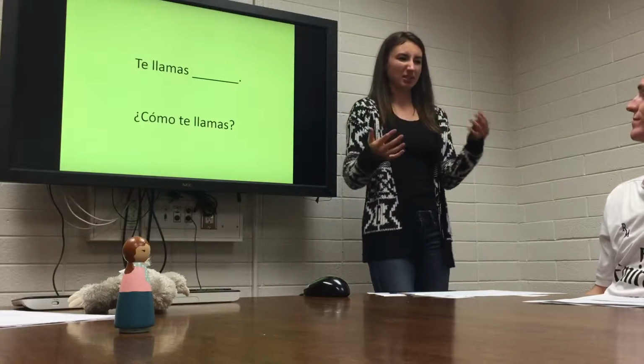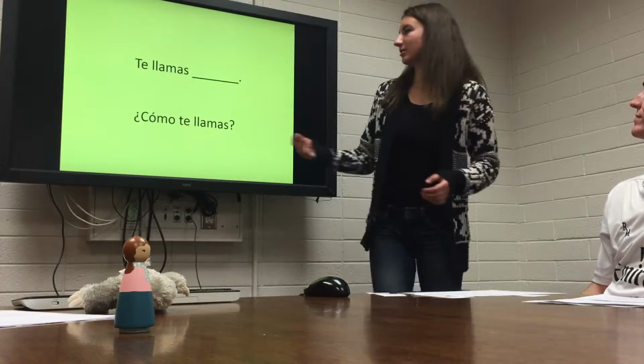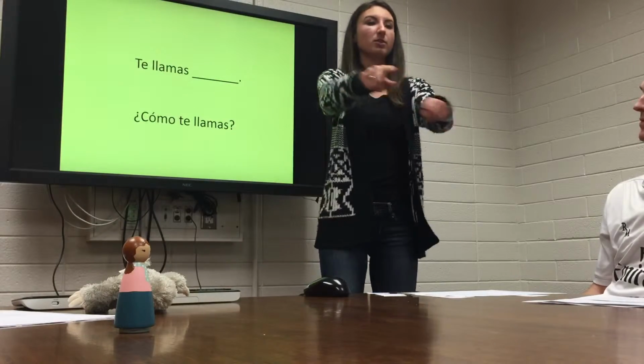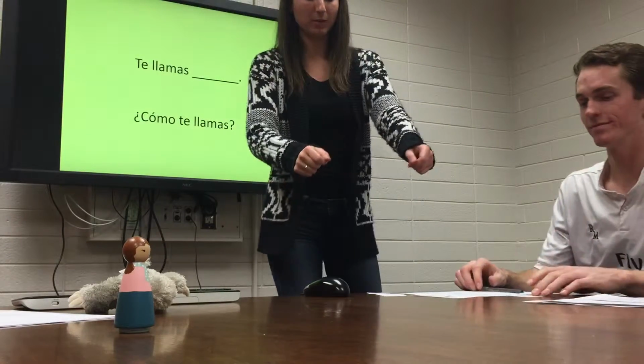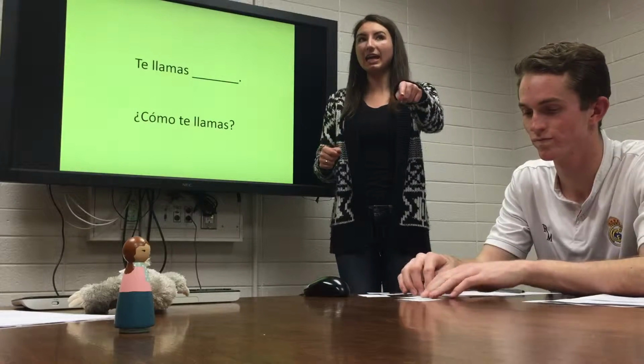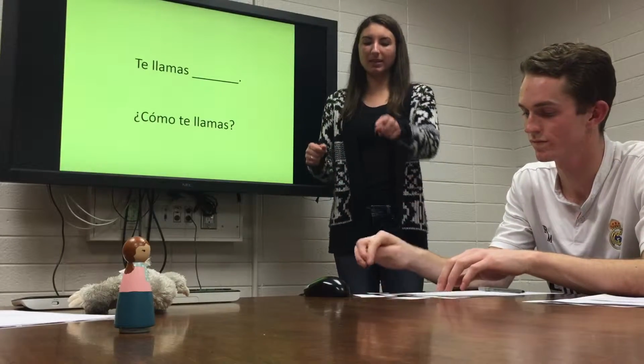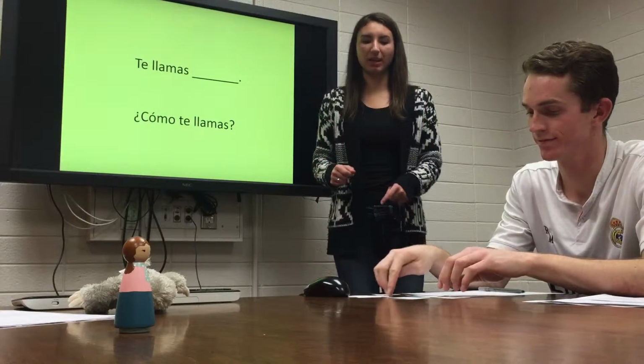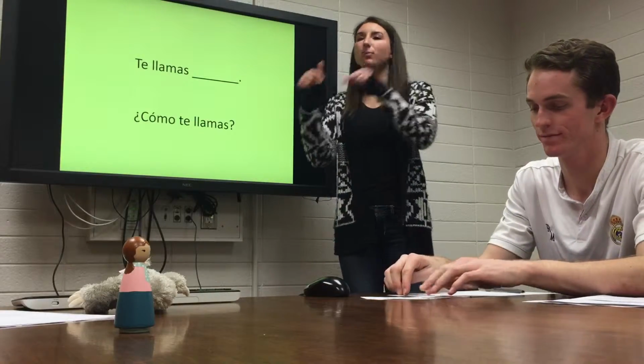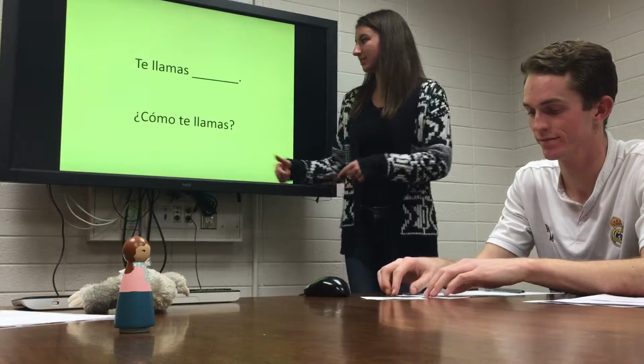Like, that doesn't really make any sense. Or her, your name is. So I can just take off the tú. So those of you, everyone with your manipulatives or your little pieces of paper, the purple one should say te, and then llamas, A-S. So remember, it was me llamo and te llamas.